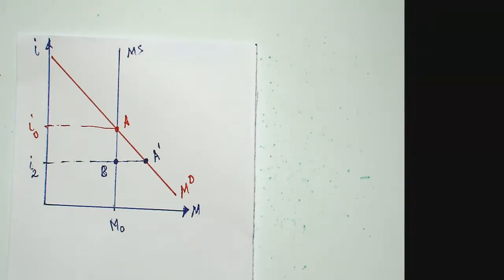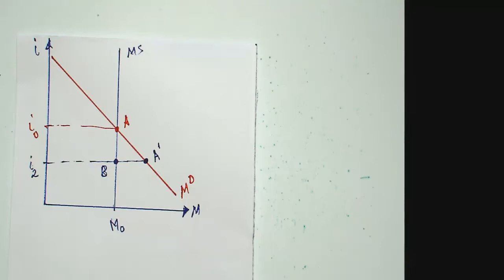So economic agents want to hold more money than supplied, so there is a high demand for money. If there is a high demand for money, what would people do? They would do everything to get money out of what they have on their hand. In this case, they would try to sell their bonds in order to get money.